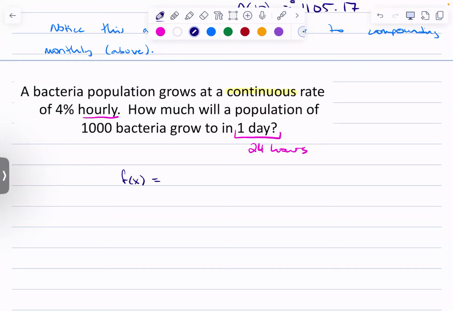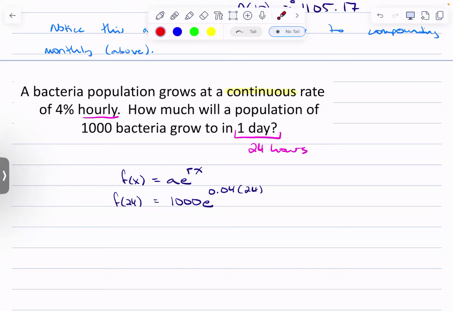From our continuous growth function, a e to the r times x, we have that 4% hourly, but I want it to go for 24 hours, and I'm starting with 1,000 bacteria. And so I want to find F of 24, starting at 1,000: e to the power of 0.04 times 24.